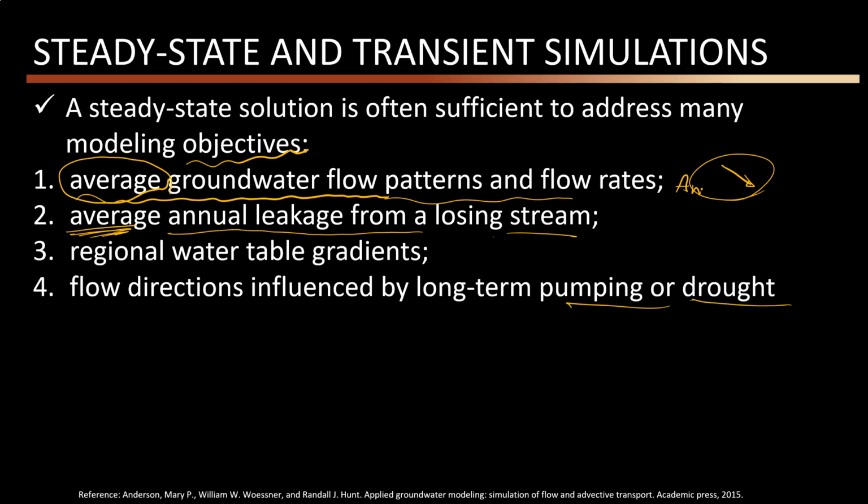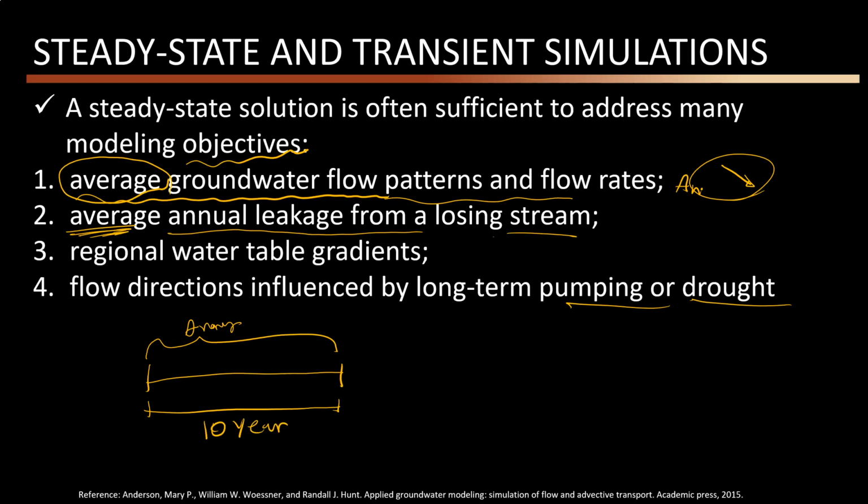Okay, but the key is that in the steady state system, you need to pay attention that you create average information usually within a long period of time, for example 10 years, or 2 years, depending on your model.